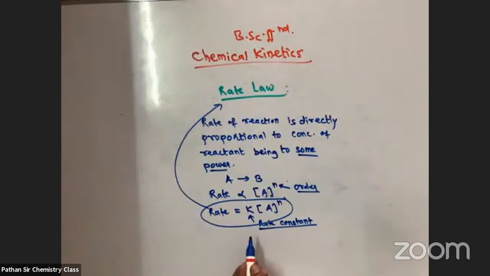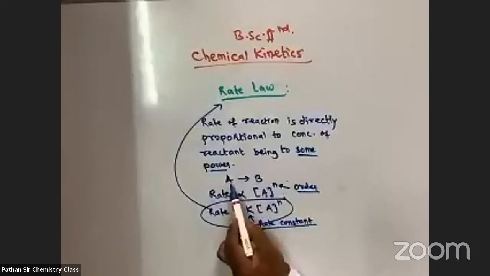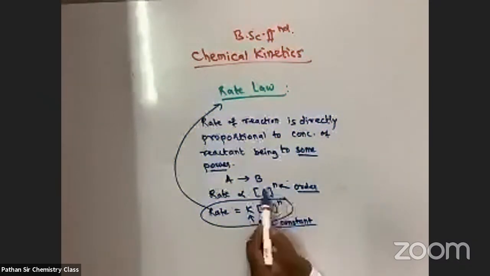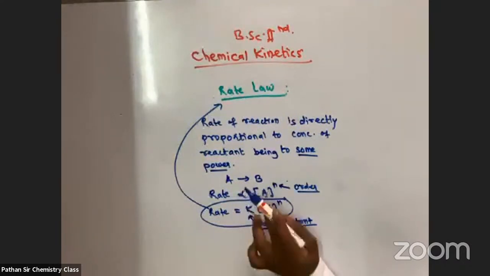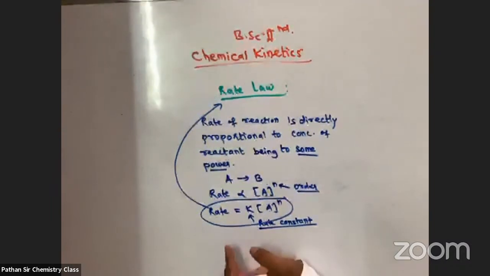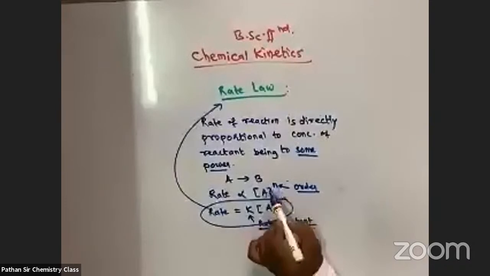What is rate law? The rate of reaction is directly proportional to the concentration of the reactant raised to some power. It is not saying it is 1, 2, 3, 4 or so. It is raised to some power, and that quantity is an unknown quantity.